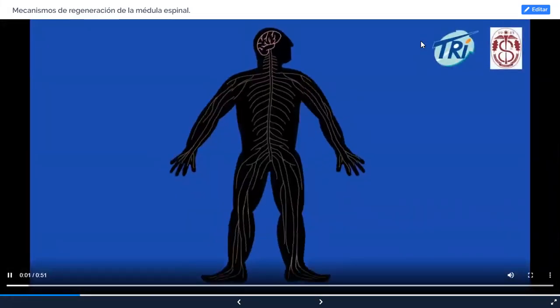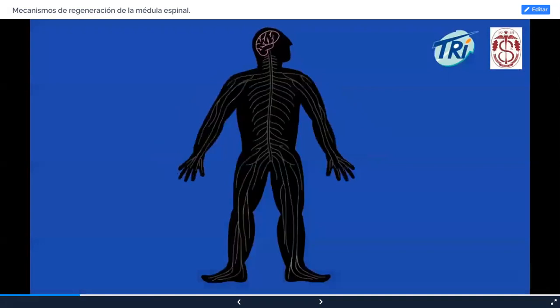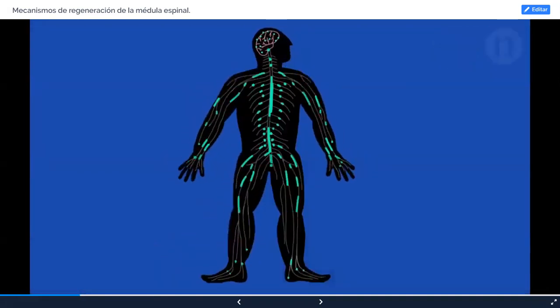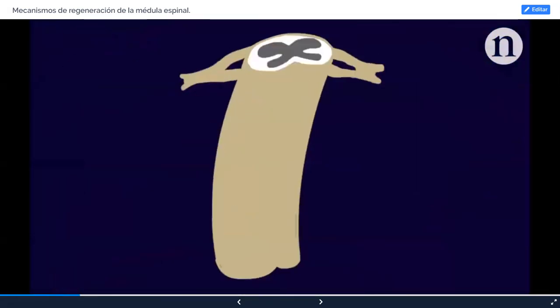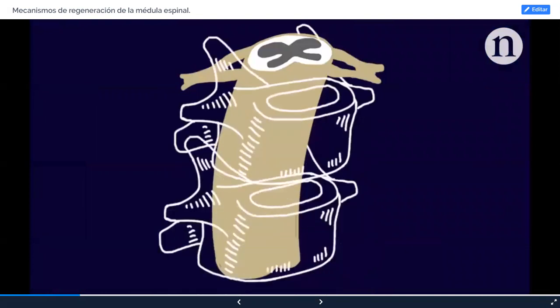The spinal cord is the body's information superhighway, constantly buzzing with electrochemical signals between the brain and the rest of the body. This precious bundle of nerve fibers runs through a cavity within each vertebra. This protects the cord along its length.